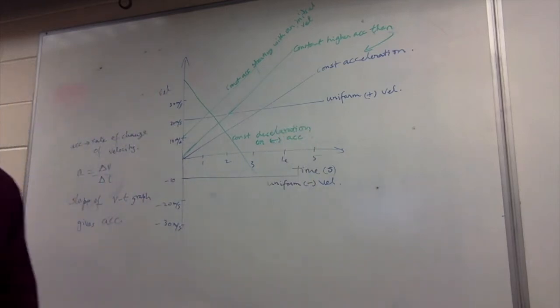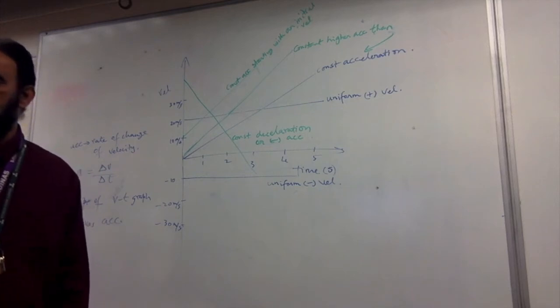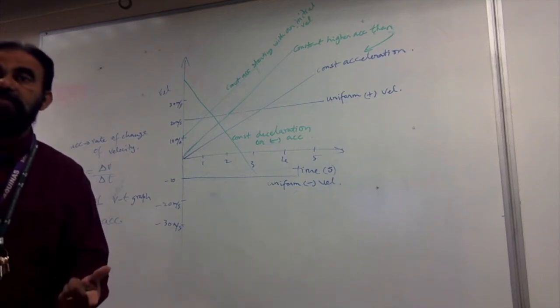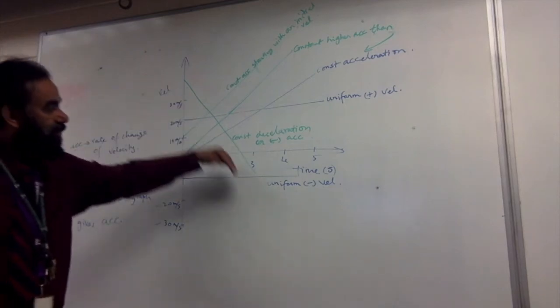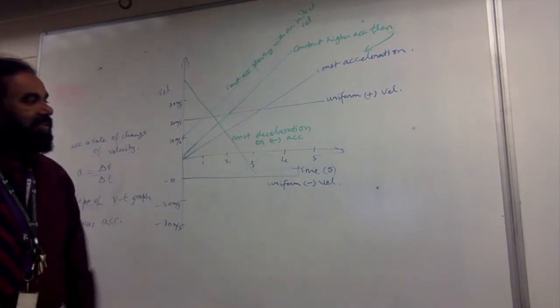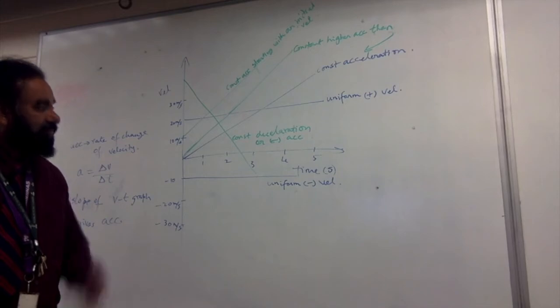But we don't call it deacceleration. That's not the word. Either call it deceleration, which is the same as negative acceleration. So this slope is negative, and that's why it is deceleration.